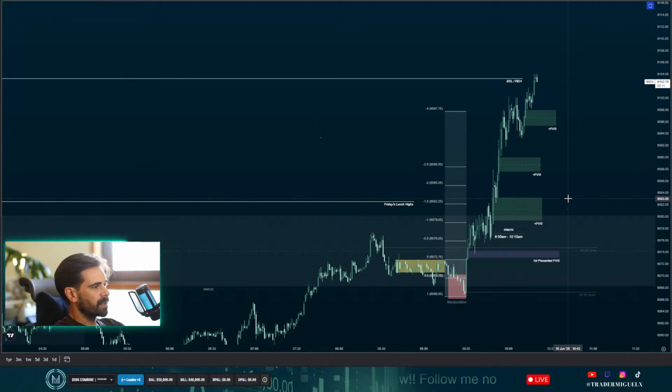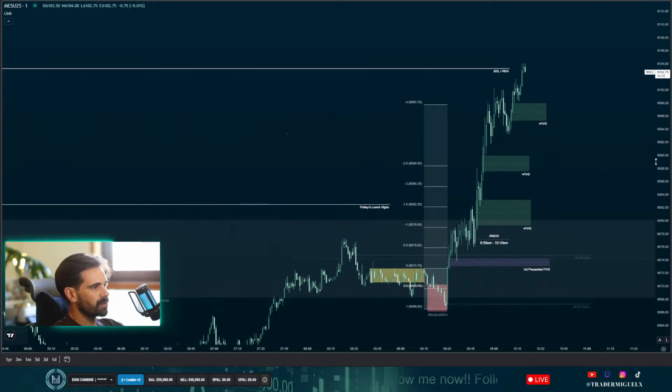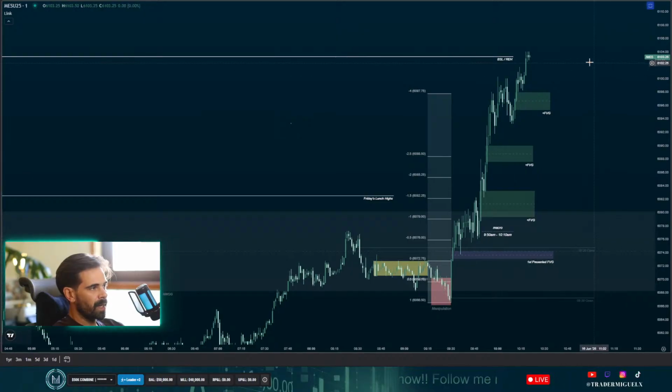But yeah, so far this was a 20 handle range move. Not that bad. And we are right above buy side liquidity as these relative equal highs as well.